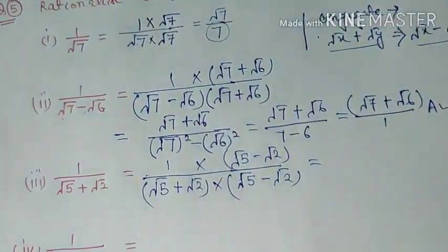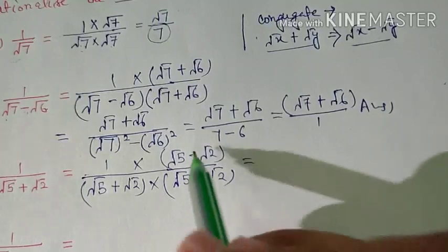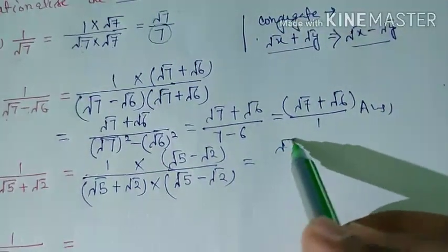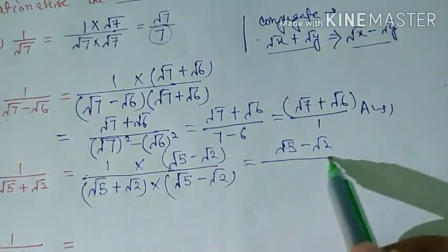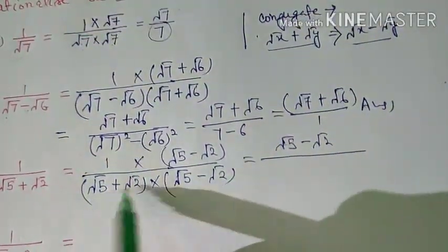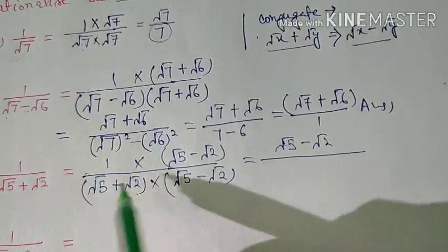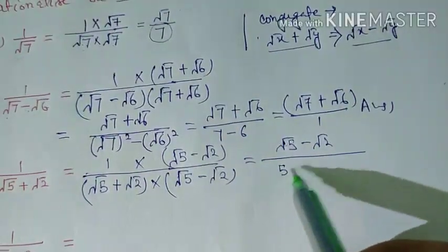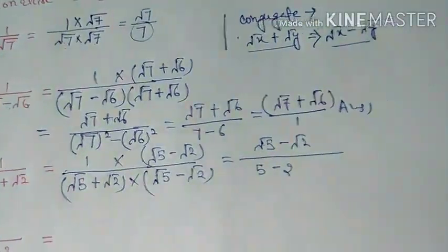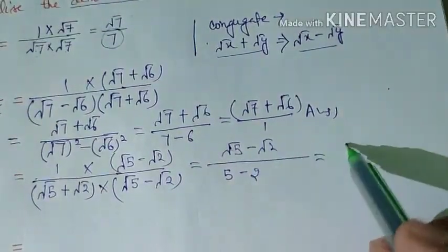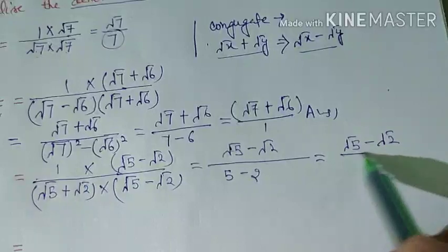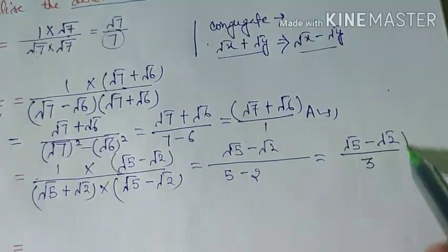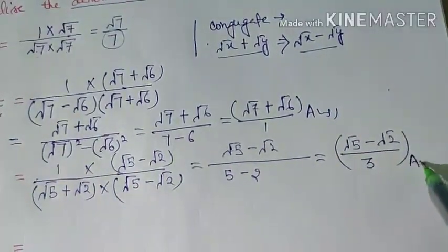Now what next? After multiplying 1, you will get root 5 minus root 2 only, and in the denominator we will apply the a plus b, a minus b formula. So according to that rule it will be 5 minus 2. So root 5 minus root 2 upon 3. This is the answer.